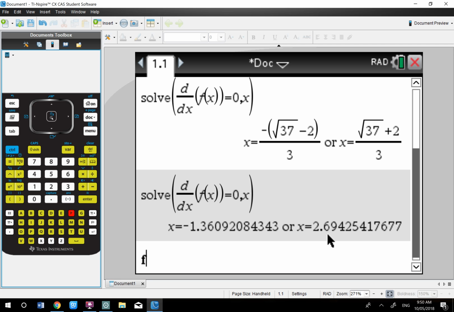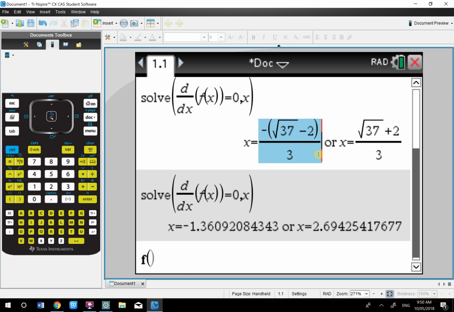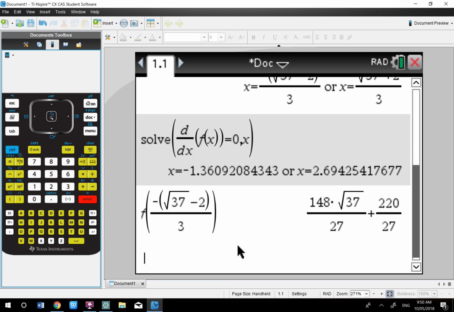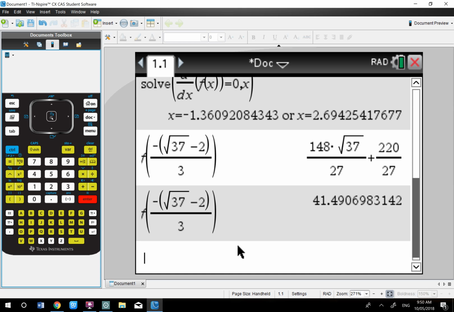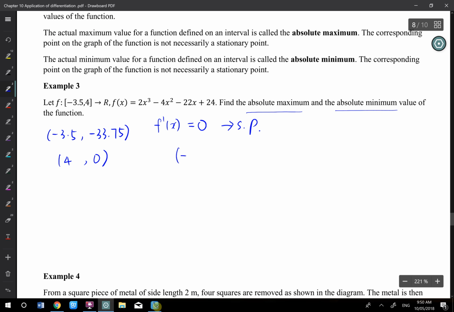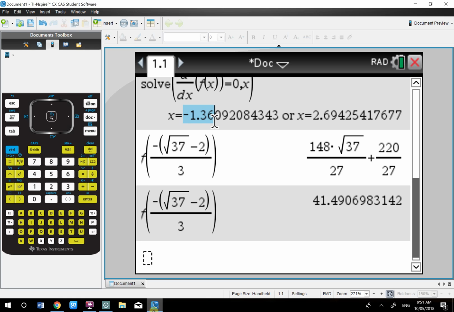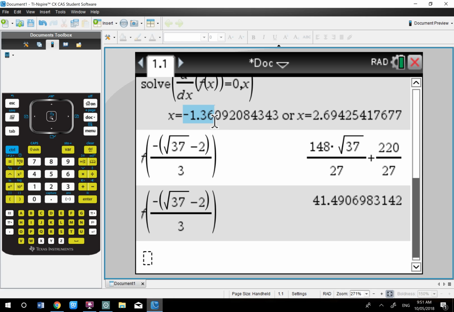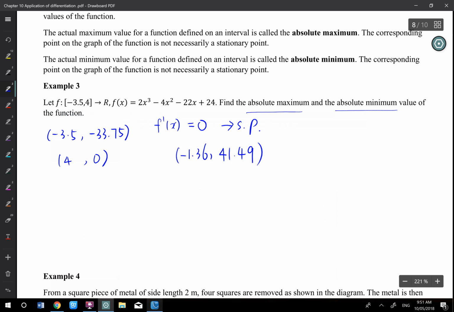Now I will use f of this value, control and enter. I have 41.49. Let's just leave two decimal places. So the x value is negative 1.34, giving the point negative 1.34, 41.49. That's the turning point, or stationary point of inflection, I don't know.